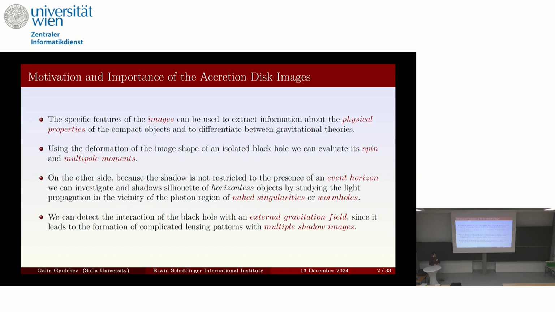Every one of us knows why shadows and images in general are so important. First of all, we can extract information about the mass and spin parameters from the images. In addition, we can extract information about the multipole moments of the objects.